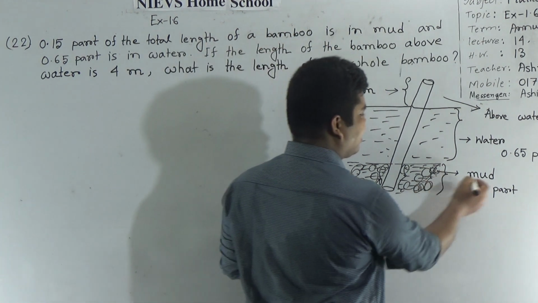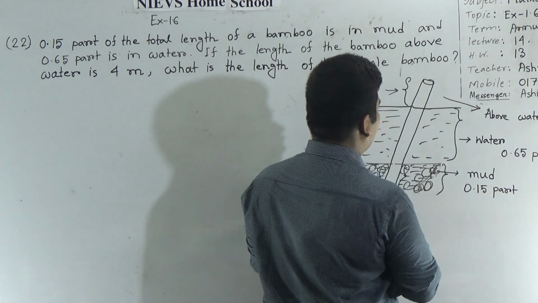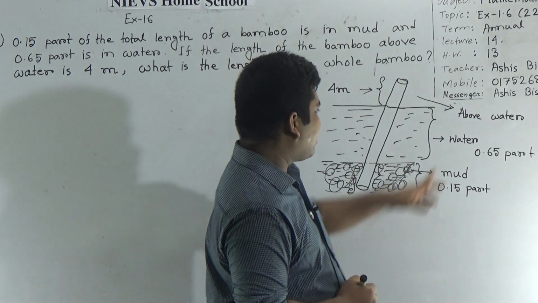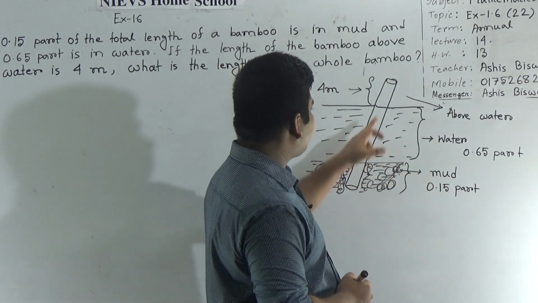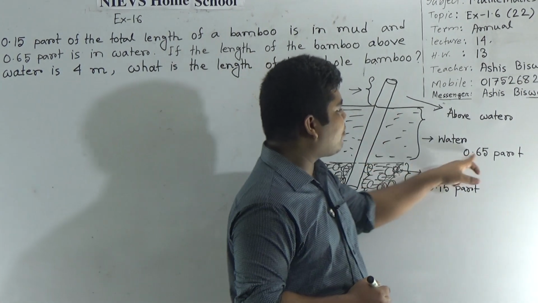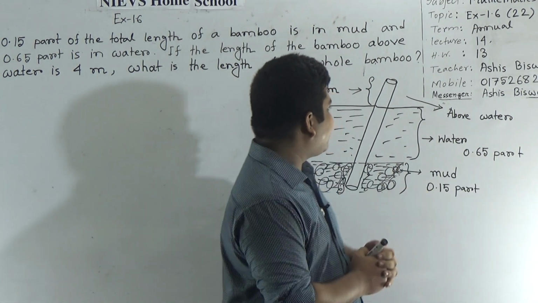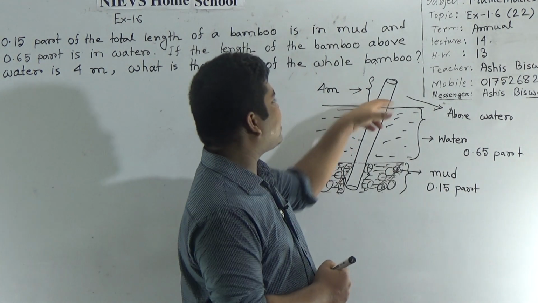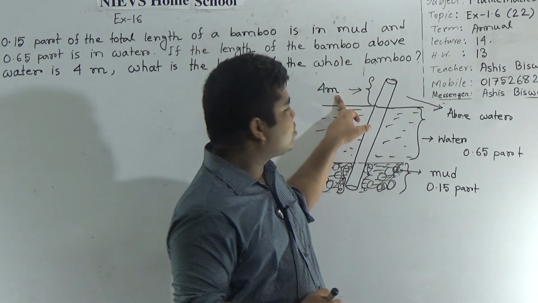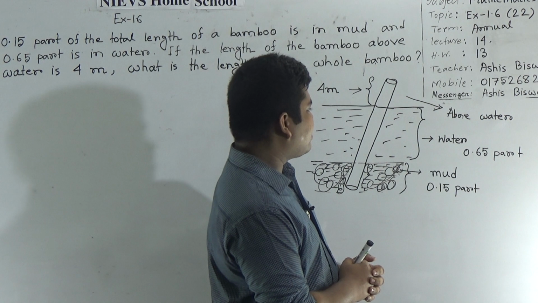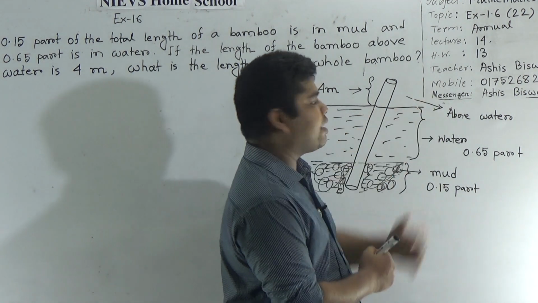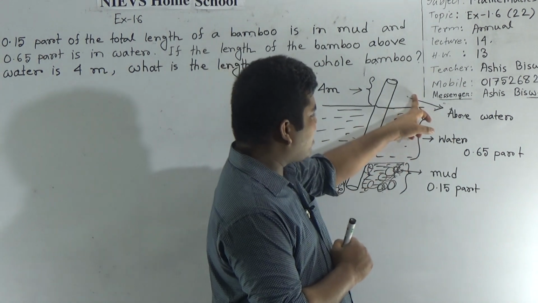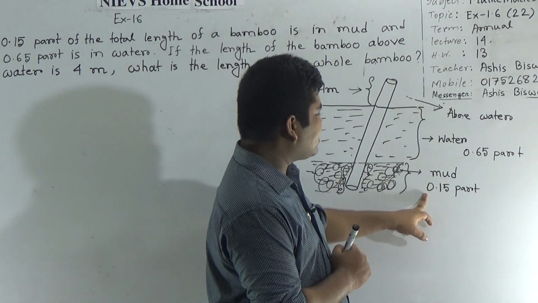In water, the portion of the bamboo is 0.65 part, but the above water part is not given, though the length of the above part is given. So we need to find out what the part above water is.